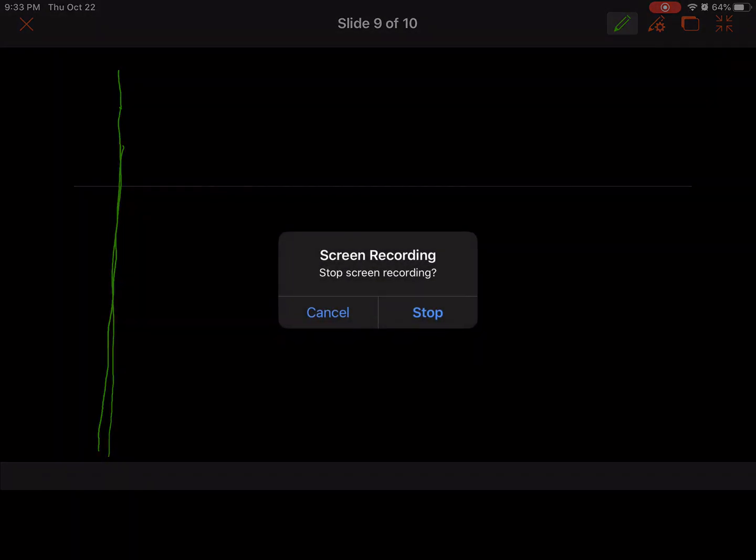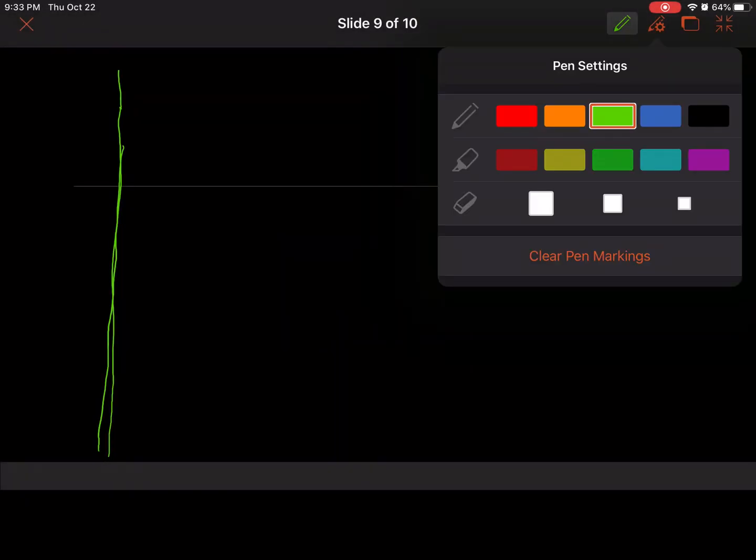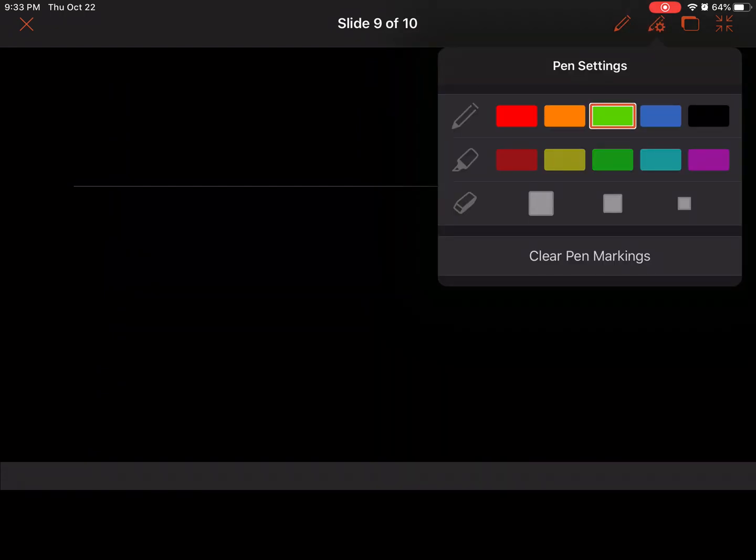All right. For this, let's draw a velocity versus time graph. And this time, very nicely, with clear pen markings. Let's draw in style.